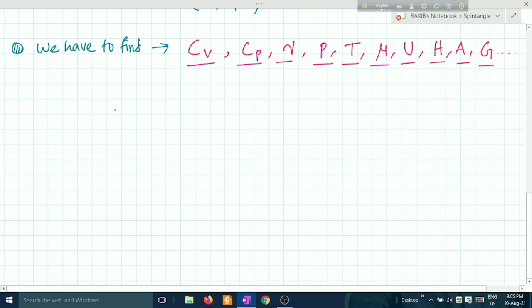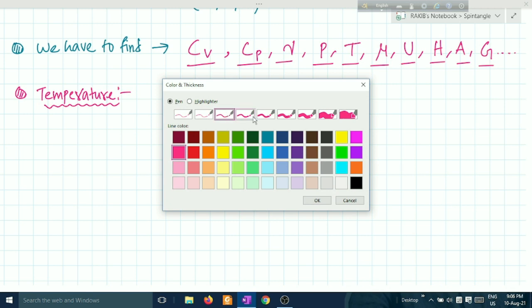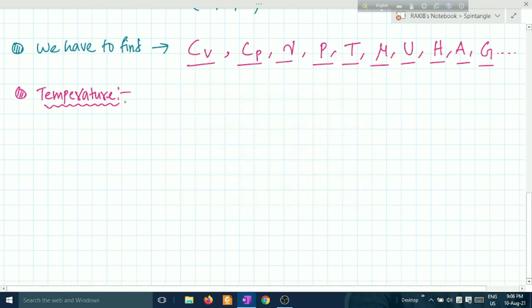First of all, the easiest one I am taking first: temperature. How to find temperature from this formula? We have our first formula as TdS equals dq equals dU plus PdV minus mu dN.